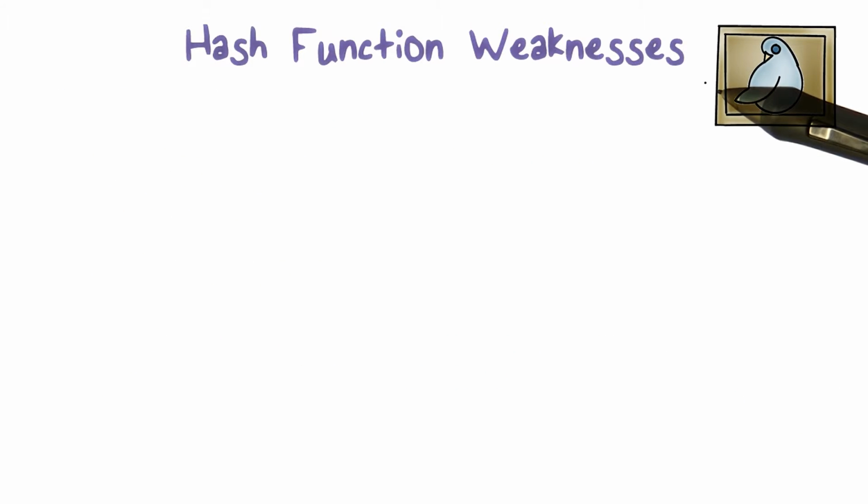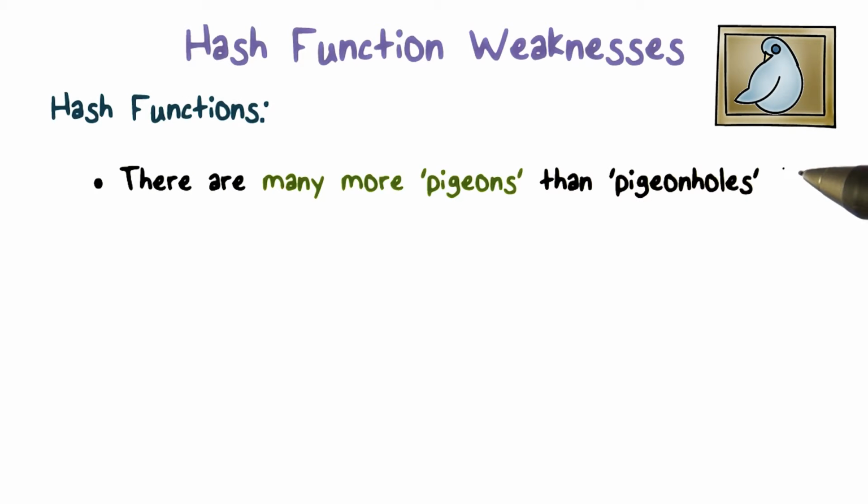Once we understand the pigeonhole principle and the birthday paradox, we may realize that some of the properties of hash functions seem to contradict each other. In particular, a hash function can take as input data of any size, and the output is always a fixed size. Since the size of the hash value is fixed, there are a fixed number of possible hash values.